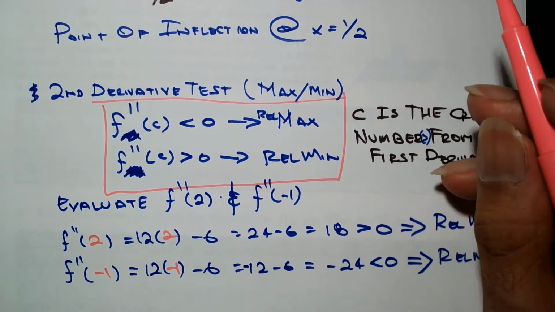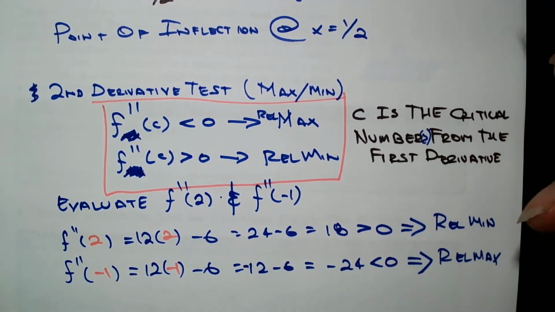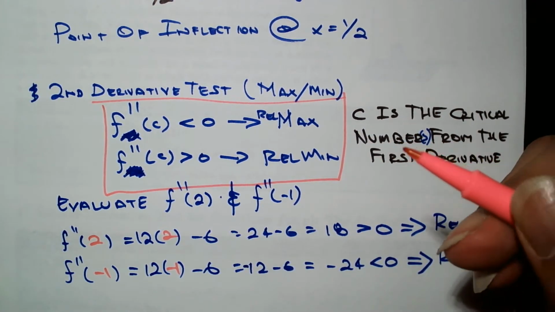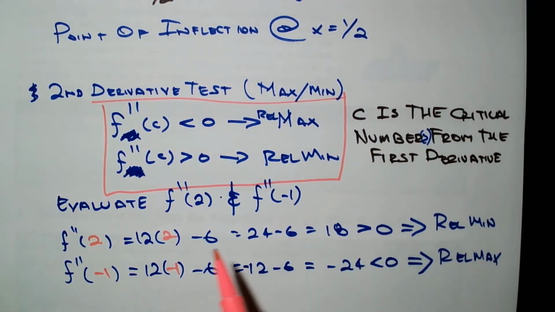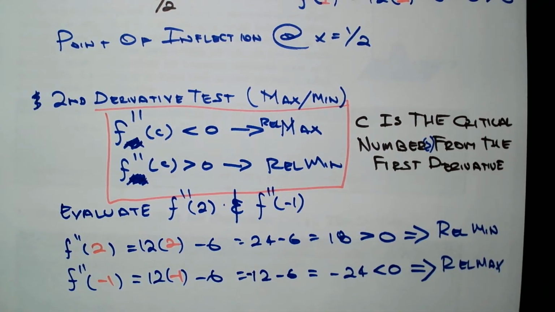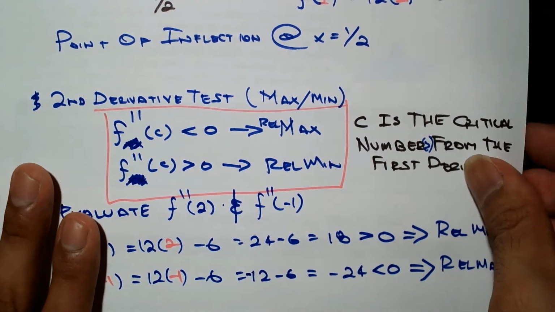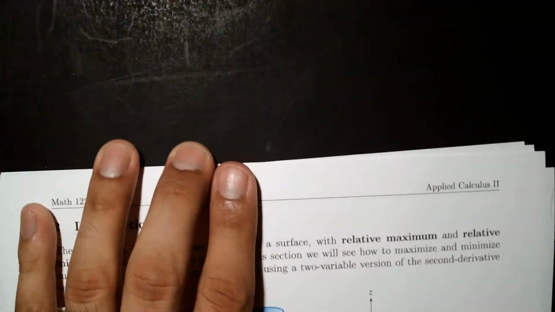So when I showed you the D-test, and when you see all this double partial, less than 0, real max, and so on, it doesn't look like you are just looking at a bunch of nonsensical symbols. So we are going to make a huge connection between this second derivative test for max and mins with the D-test, which is what we do now in the next topic.